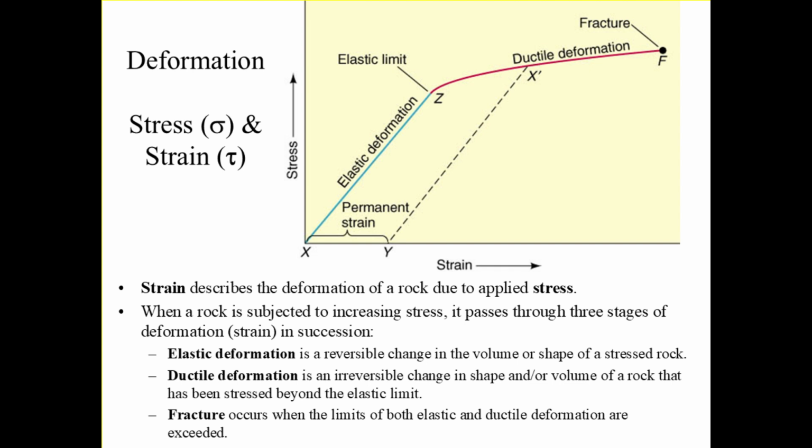And when a rock is subjected to increasing stress, it passes through three stages of deformation, strain in succession: elastic deformation, ductile deformation, and fracture. Fracture is when the limits of both the elastic and the ductile deformation are exceeded. A lot to digest, so don't hesitate to ask questions if we got them.